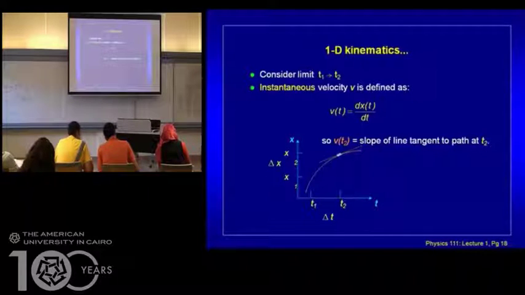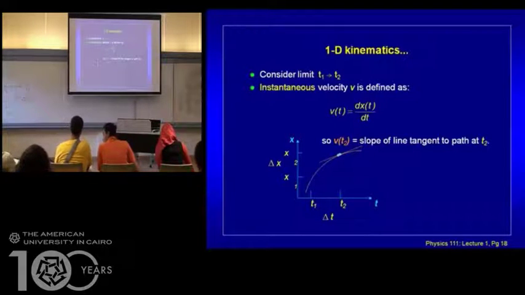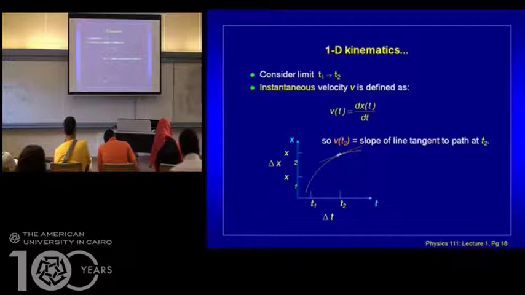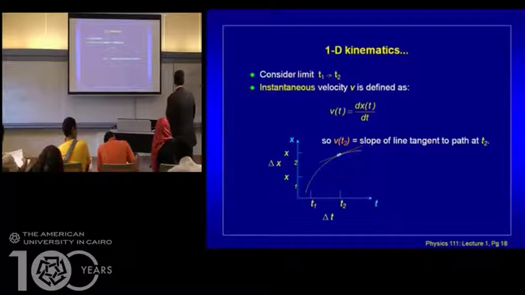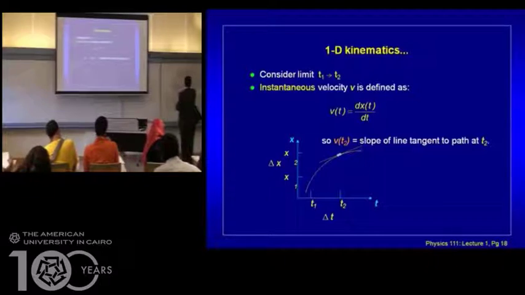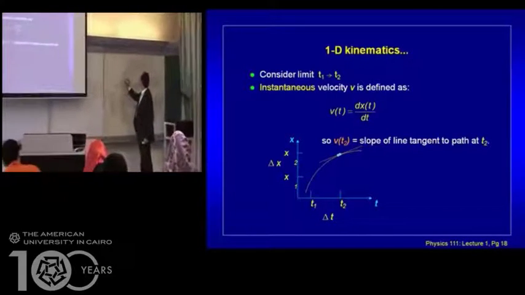Equal to 6t squared plus 1. Now, put time equal to 3. Can we find the derivative of that? That's dx by dt.